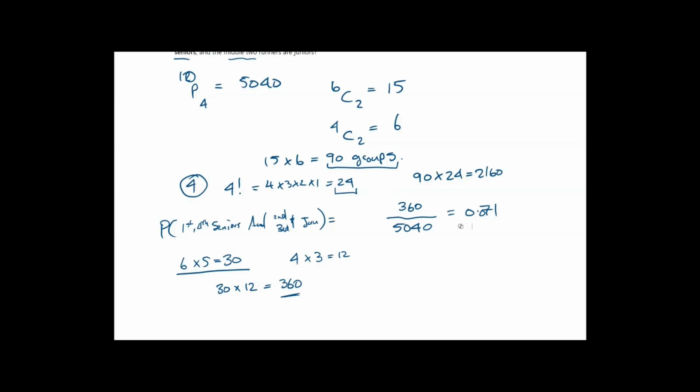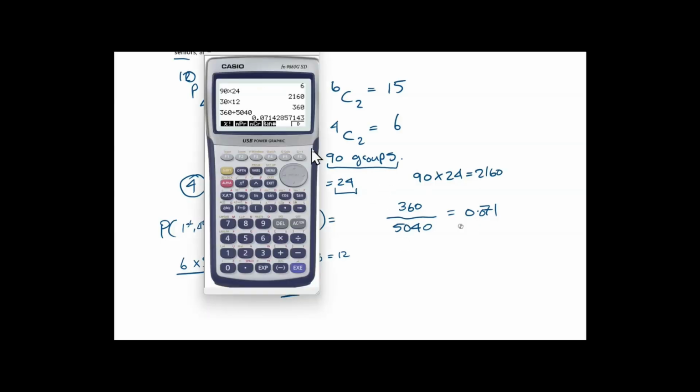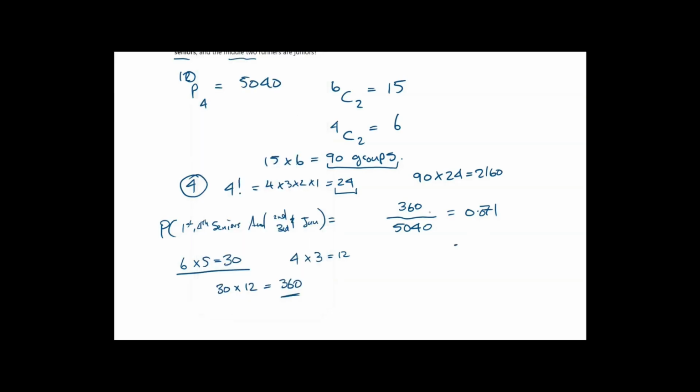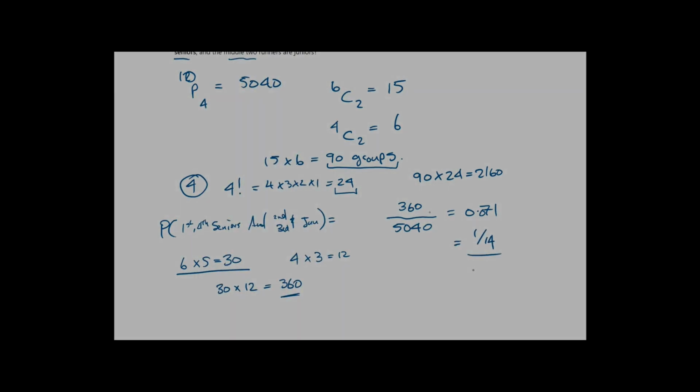And I wonder if we could get this to a nicer number. So let's go 360 over 5,040. Is it going to go to a nice number? It is 1 over 14, if we wanted it as a simplified proper fraction.